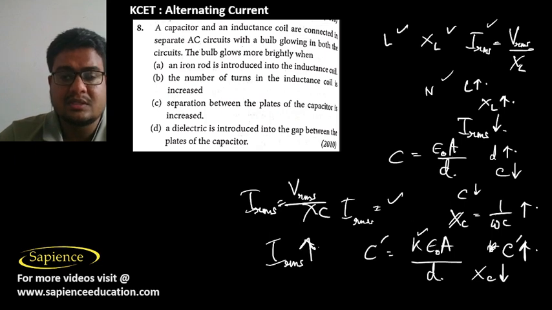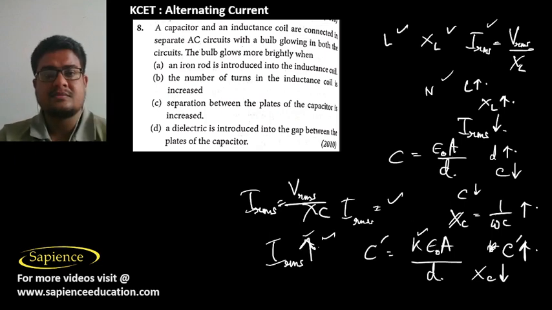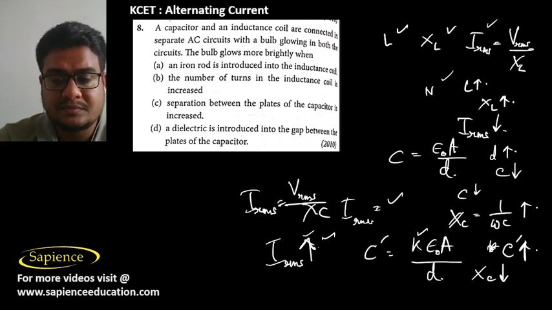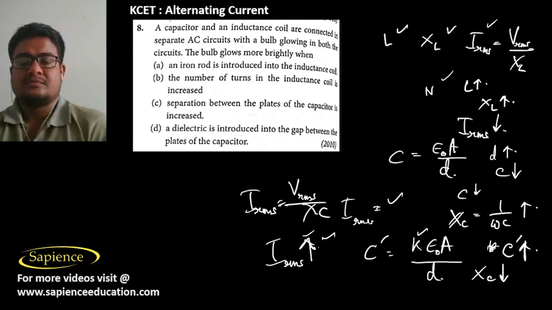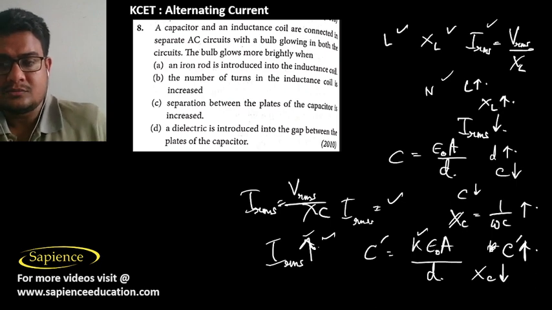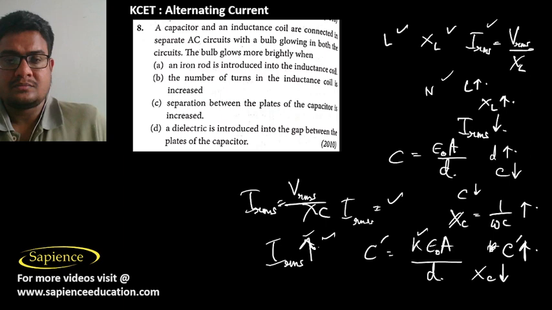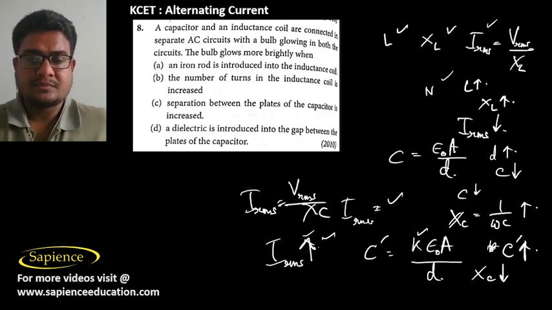So when the current increases, only then will the bulb glow more. It means that option D is the correct one.